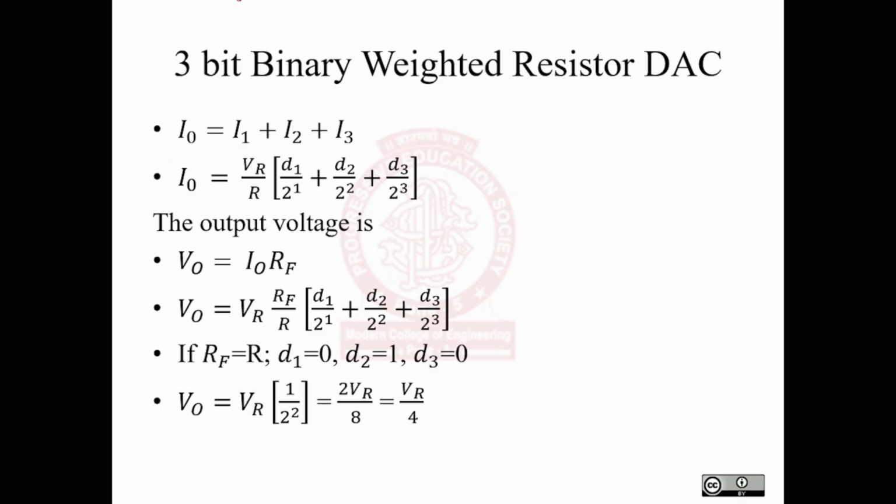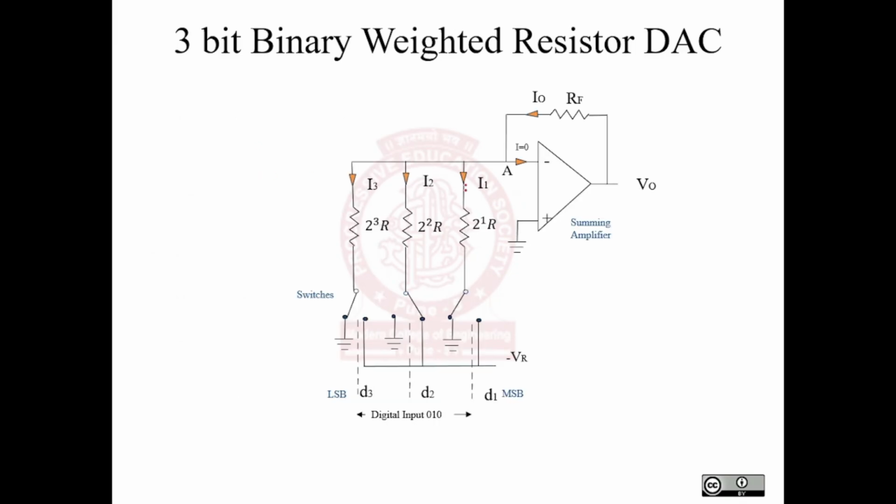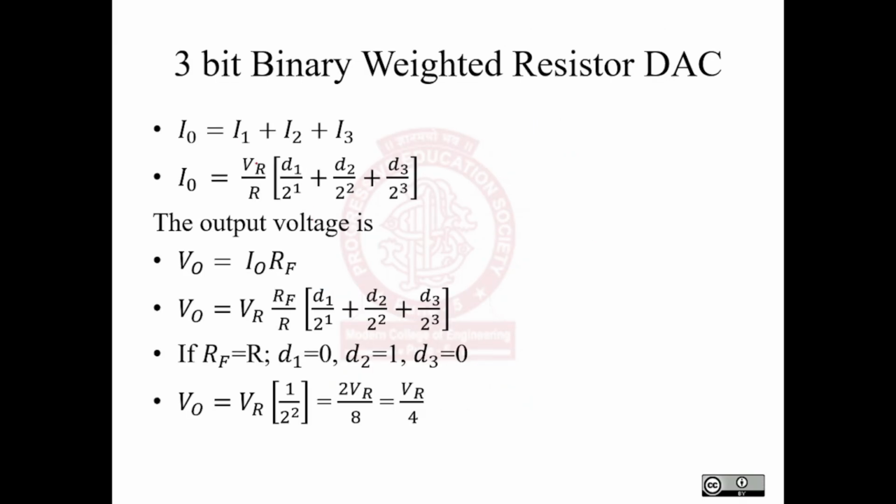I1 is written as, we had described it in the n-bit binary weighted resistor DAC, 0 minus of minus VR upon 2 raised to 1 R. I2 will be 0 minus of minus VR upon 2 raised to 2 R. So we will substitute directly the value, that is VR upon R into d1 upon 2 raised to 1 plus d2 upon 2 raised to 2 plus d3 upon 2 raised to 3. This is the value of IO.